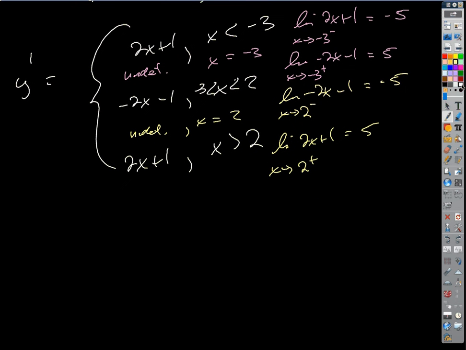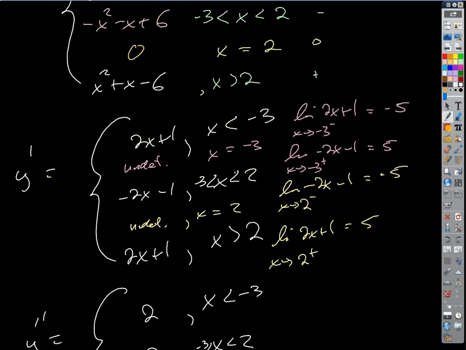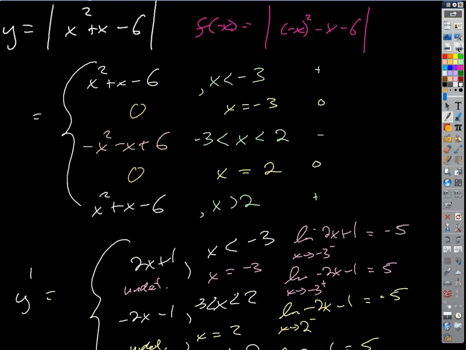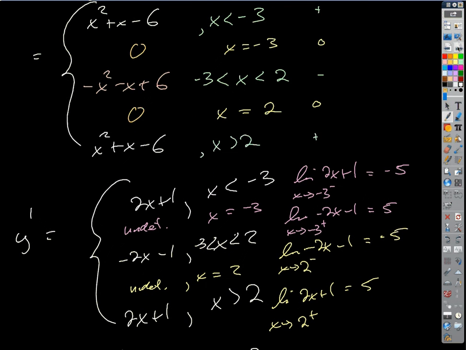What's the second derivative going to look like? 2, negative 2, 2. Right, so we just get 2, negative 2, 2 on our domains. And if we make a table out of this then, negative 3 and 2, right?